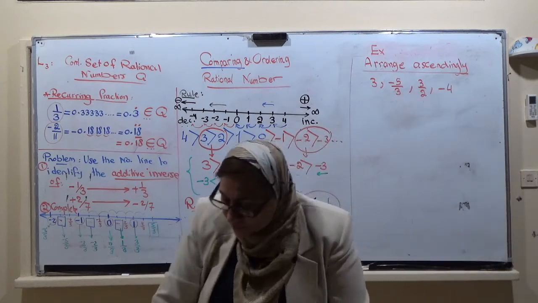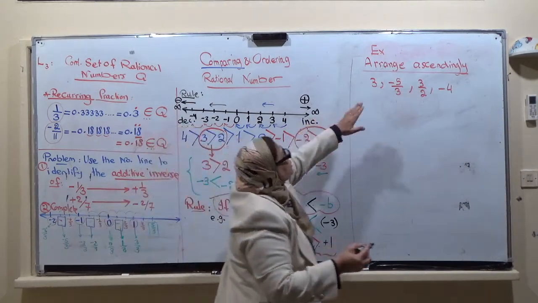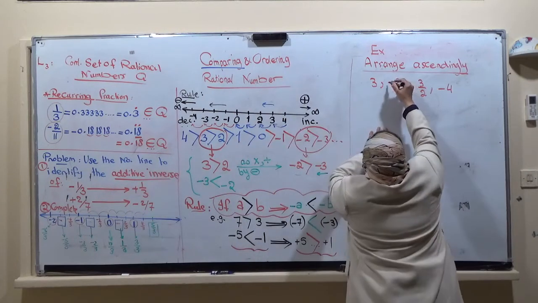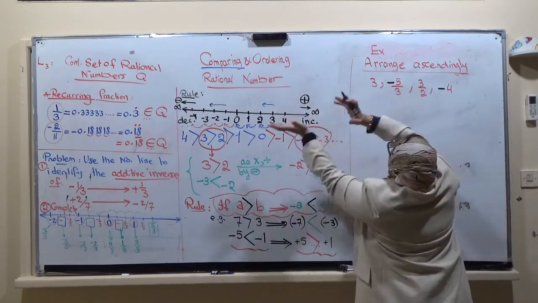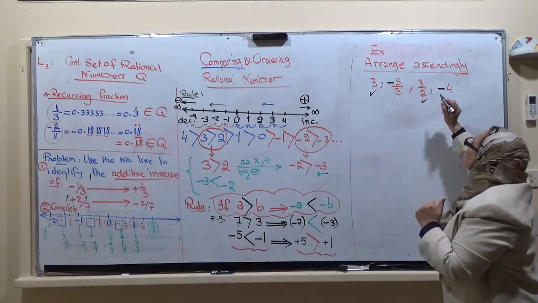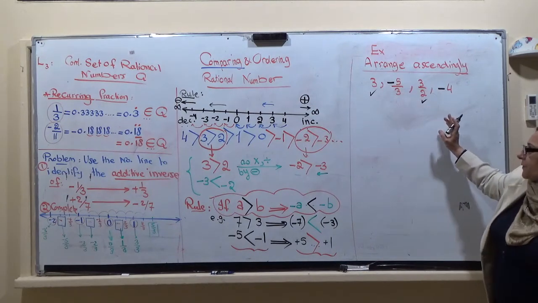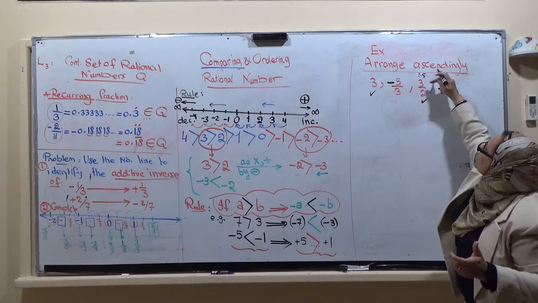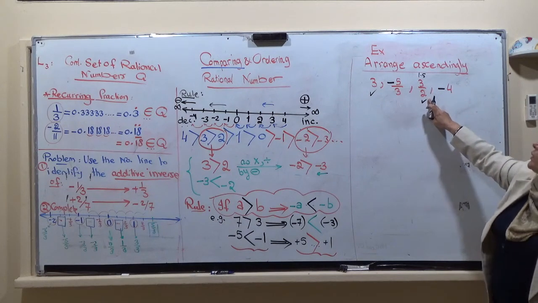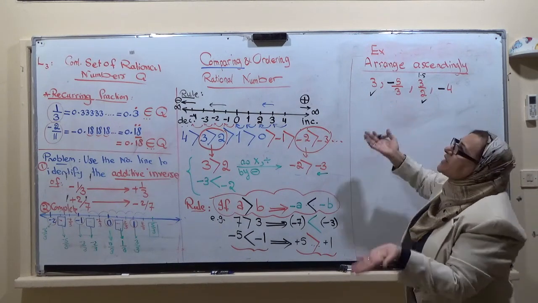Of course, all negatives are back. These are negative, they are back. This is positive, this is positive. Which is bigger? 3/2 is calculated to 1.5. This is 3. I need ascending.